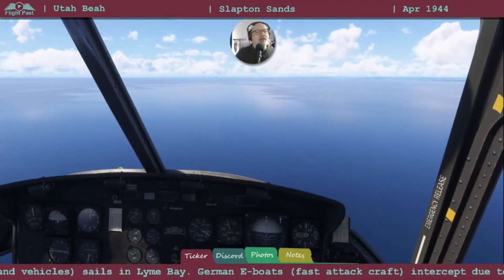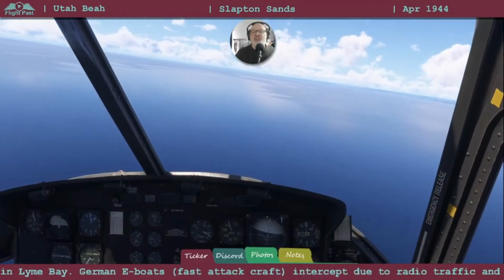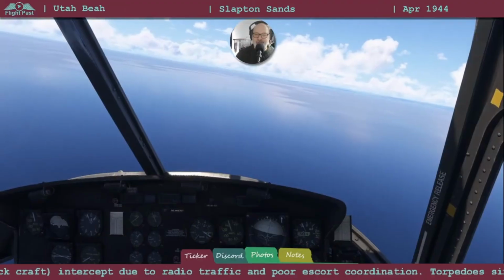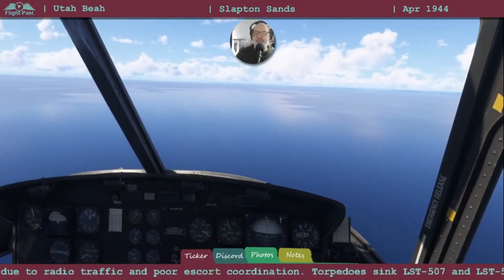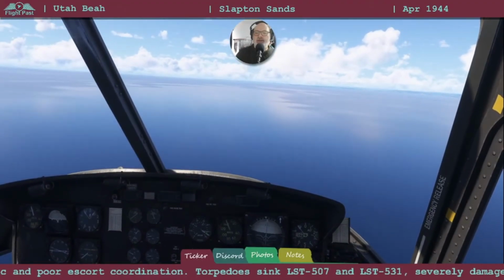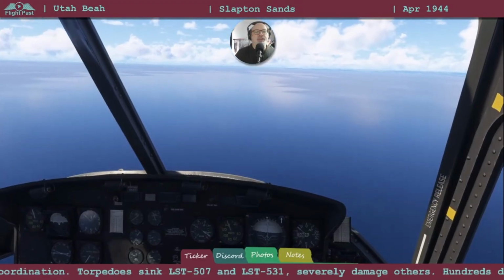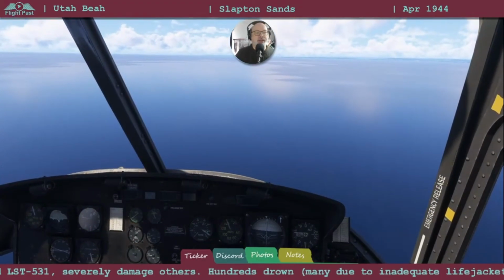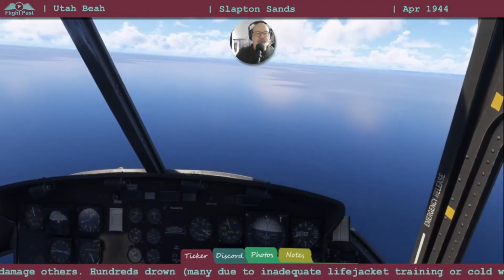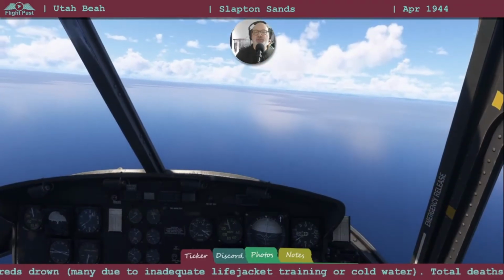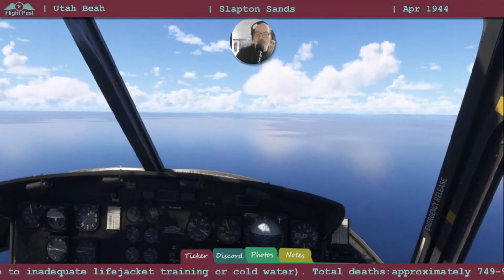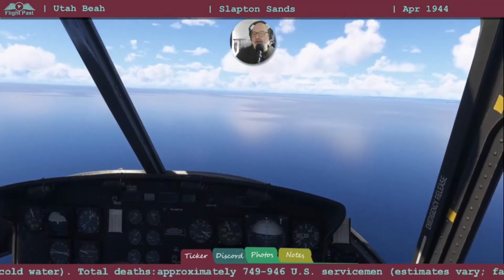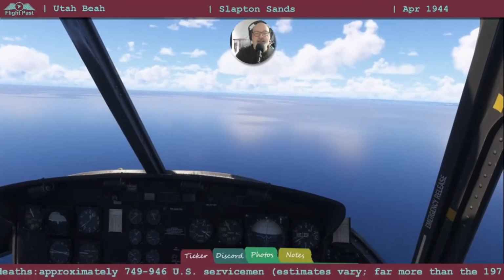And H-hour for this operation was set at 7:30, and what would happen is that Task Force U, they were the support elements for the operation, would commence a bombardment prior to the landing, about 15 minutes prior to the landing.